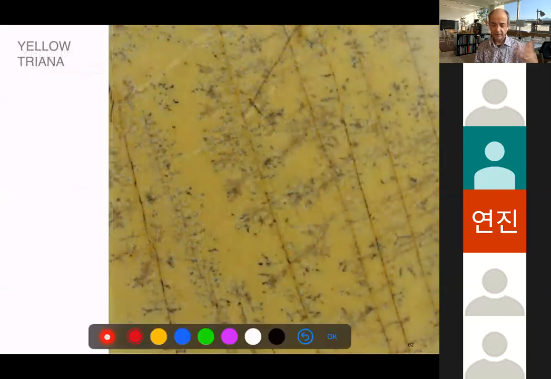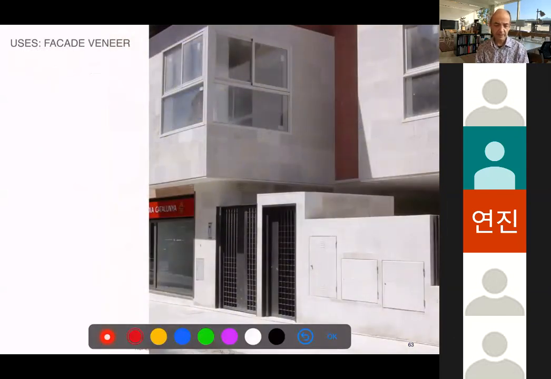And the Triana is another stone, which is also from old fossil material. And this is an example of a normal whitish limestone used for a facade veneer, which in other parts has brick. This is just a thin 20 or 25 millimeter stone bonded to the border of the facade.